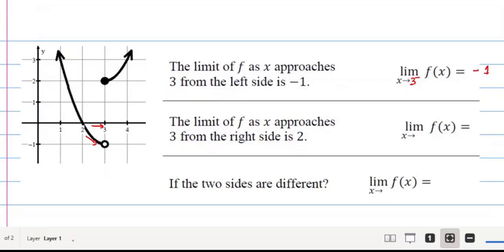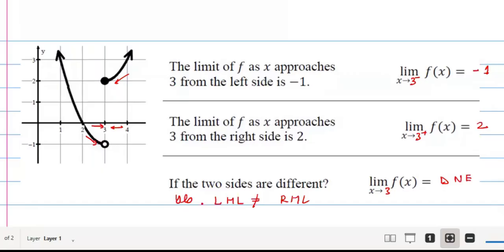Then as it approaches 3 from the right hand side, here you can see that it is becoming equal to 2. So this statement is also correct. So here you have x tends to 3 plus and it is 2. Are the two sides different? The answer is yes. So the left hand limit is not equal to the right hand limit. So the limit of x tends to 3, f of x, does not exist.